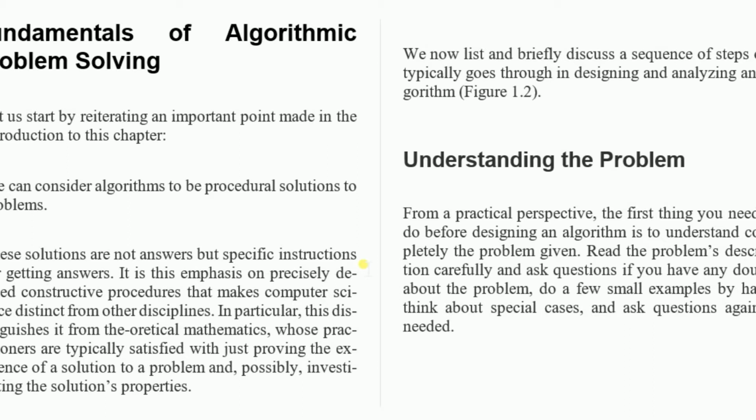We can consider algorithms to be procedural solutions to problems, as we already know what the algorithm is. It is a step-by-step method to solve problems. In the beginning, we will try to take a number of solutions, and from those we will take the best solution for the operations or the programming, and that type of method we will see in this algorithmic method.